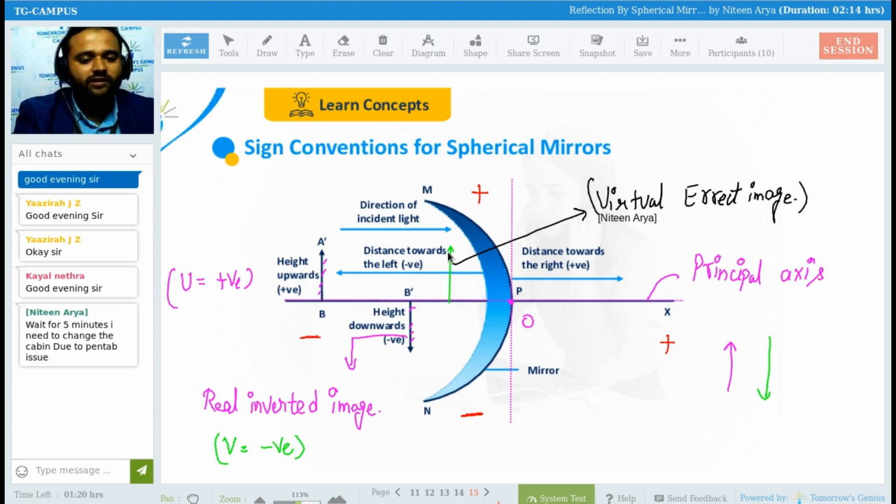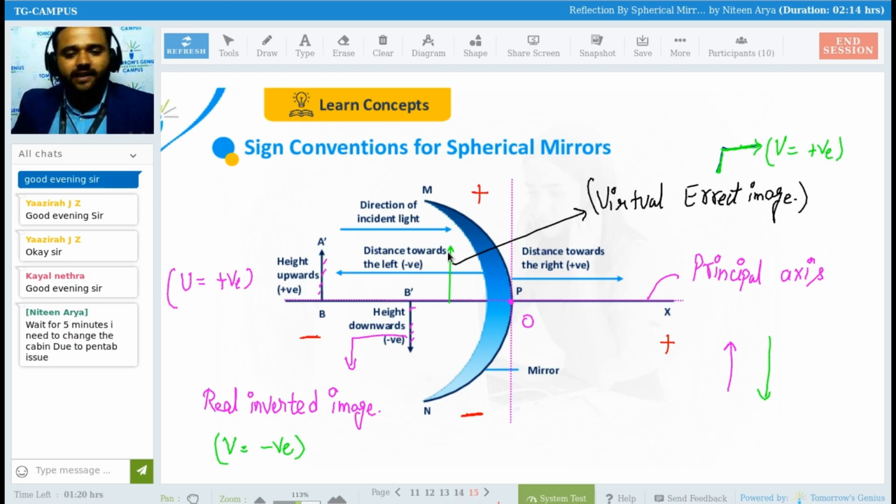Okay, this is my virtual erect image, and obviously, according to the sign convention, V is going to be positive. Clear, beta? V is going to be positive. So that is your sign convention. Clear, everyone? Every particular thing on the downward side is taken as negative. Every particular thing on the left hand side is taken as negative with the help of this sign convention.